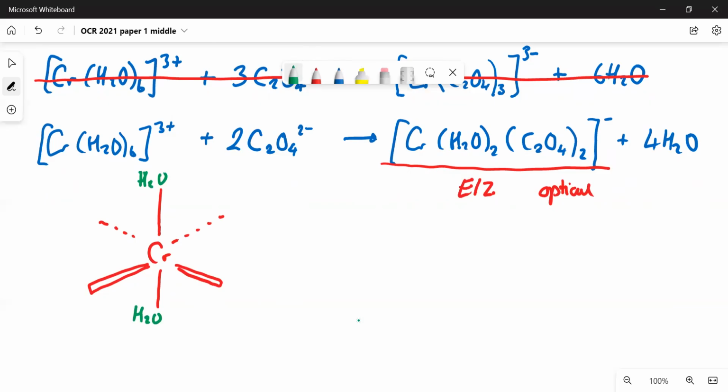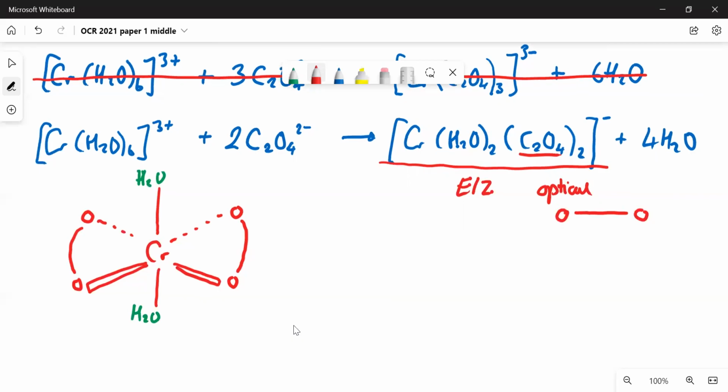And here I'm going to draw the ethane dioate ligand as that with an oxygen, just a line. Okay, so that's one of the bidentate ligands there, and the other bidentate ligand would go there. So that's one possibility. What else could we have?